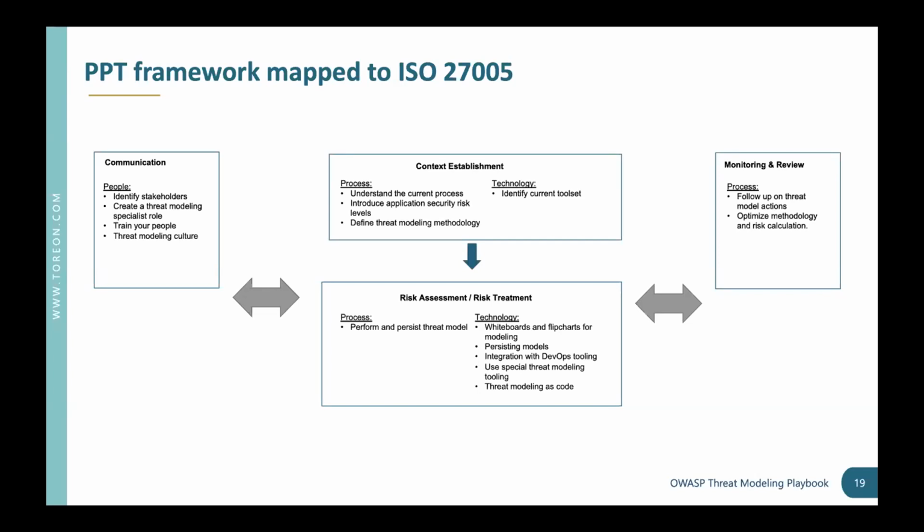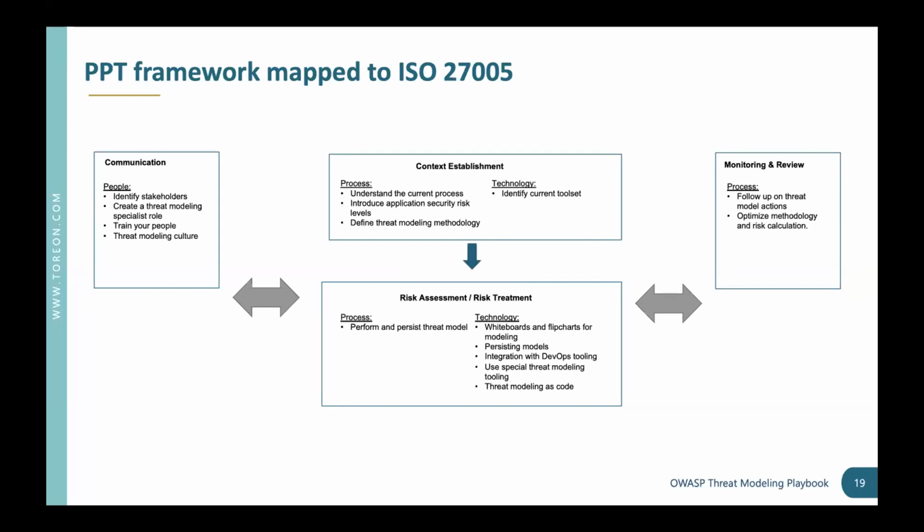But even as important as that is, you have to make sure that you cover communication aspects, so that you involve people, that you create a threat modeling culture, but also that you monitor and review your threat modeling process, and that you make sure that it's being optimized. So we haven't covered every ISO 27005 step.